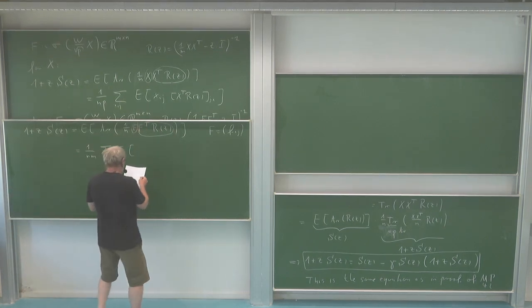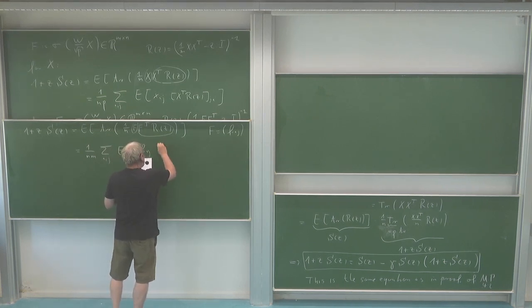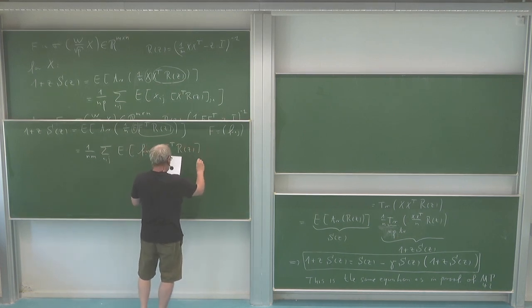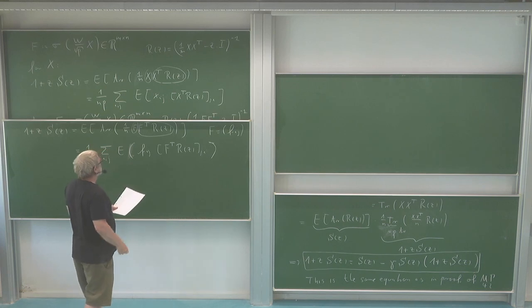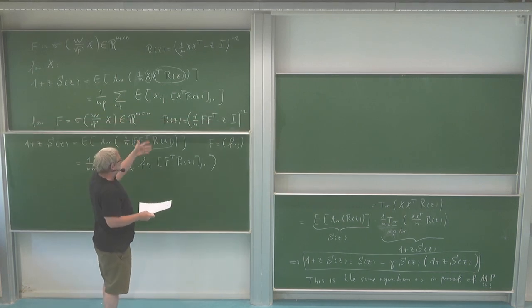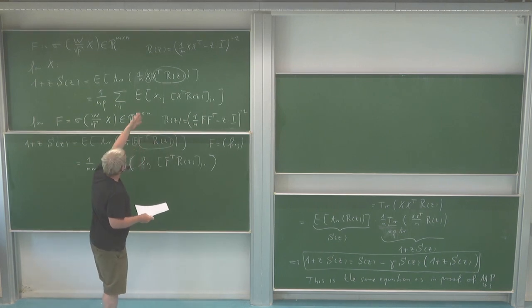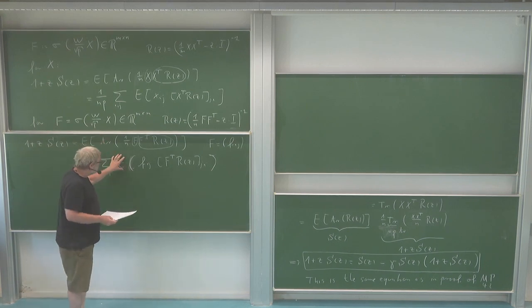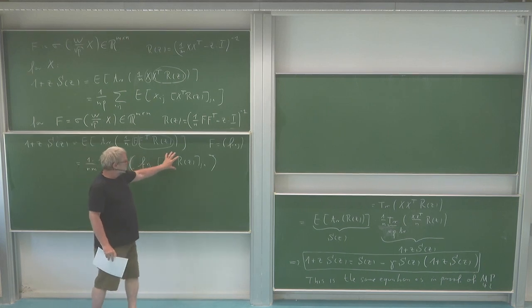So I get here the little F_ij, and here just this matrix F^T R(Z), entry ij. Again, you see I just have replaced the capital X by the capital F, and the entries X_ij are now the F_ij's.